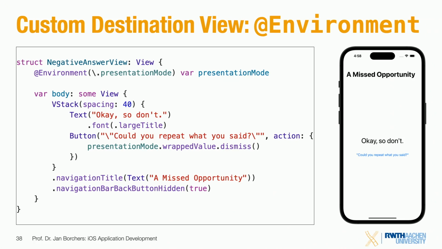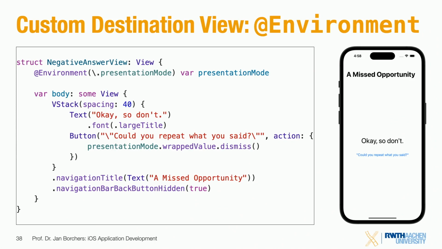And the action that is being executed if you hit that button is presentationMode.wrappedValue.dismiss. So this basically dismisses this screen and goes back to the last one. And that pops basically one item from the navigation stack. But what you also notice is we've hidden the navigation bar back button here.